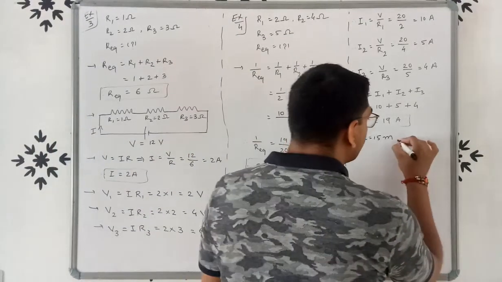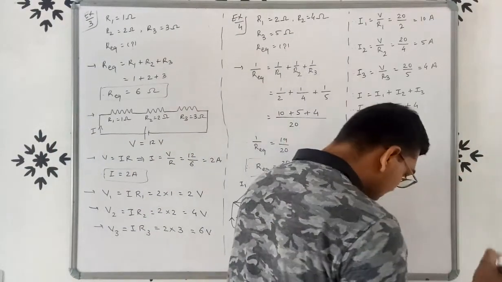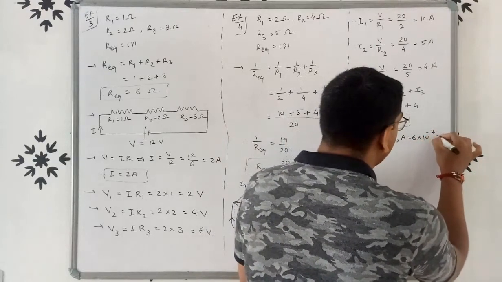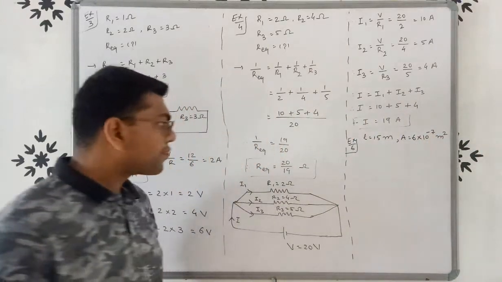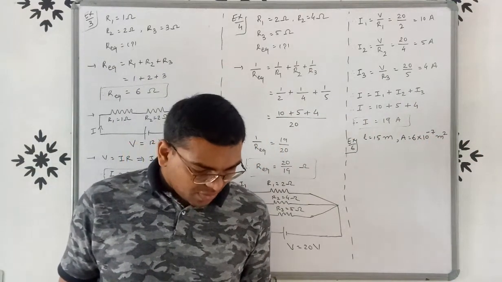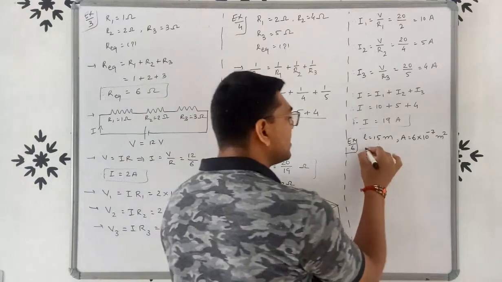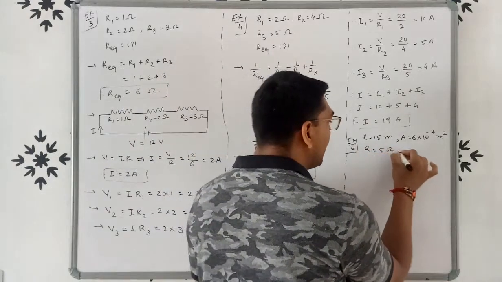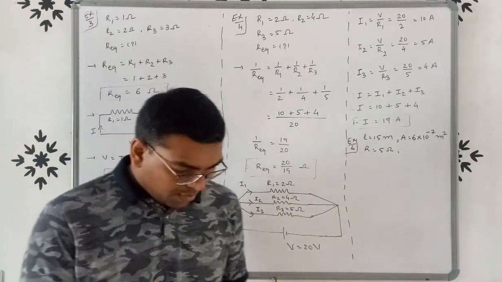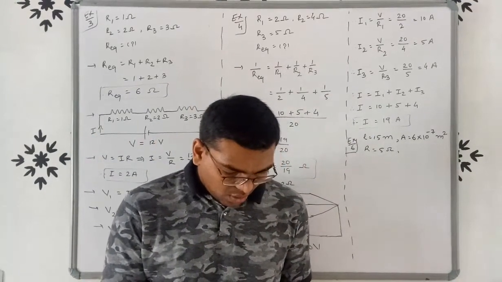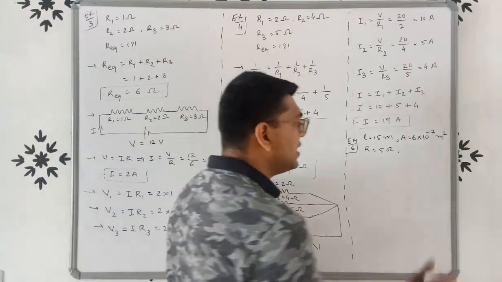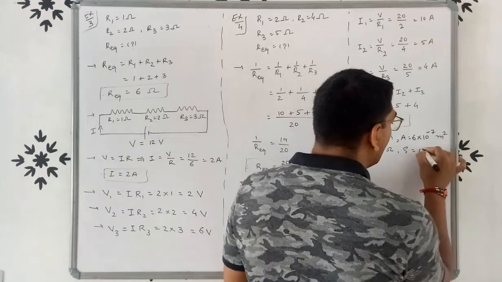So here area is equal to 6 into 10 raised to minus 7 meter square, and its resistance is measured to be 5 ohm. So here resistance R is equal to 5 ohm. What is the resistivity of the material at the temperature of the experiment? So here we have to find out the resistivity, rho.